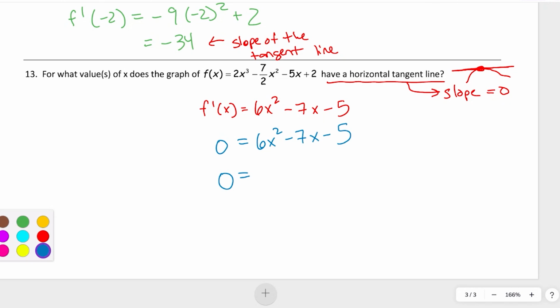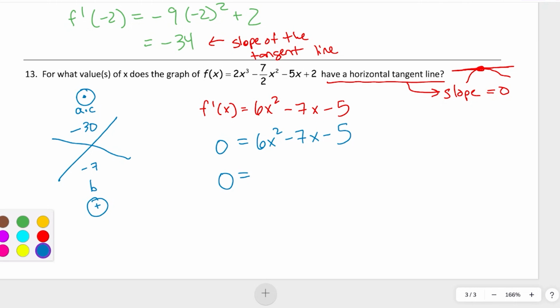6 times negative 5 is negative 30. So this is my a times c. And then my b term, my middle term, is negative 7. So what I want are two numbers that multiply to give me negative 30, but add up to negative 7. So what would that be? Like 6 and 5 isn't going to work. 10 and 3.